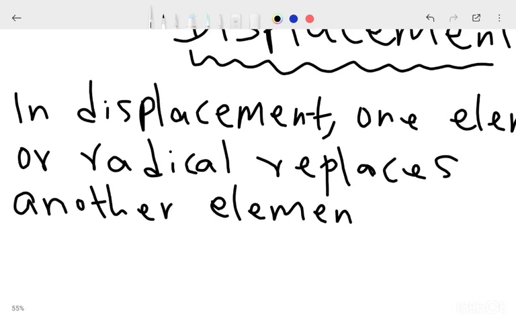Are you getting it? One element or radical replaces another element or what? Radical.